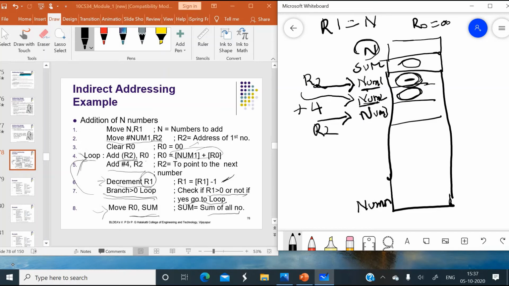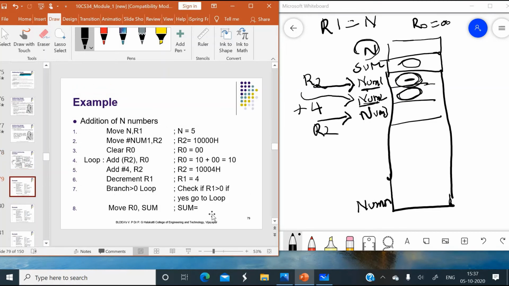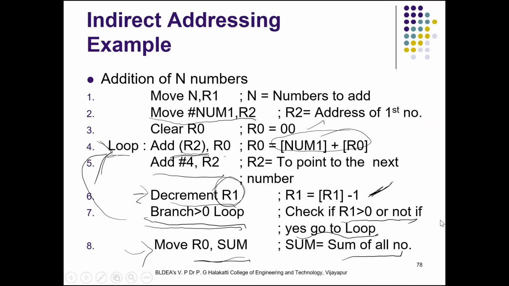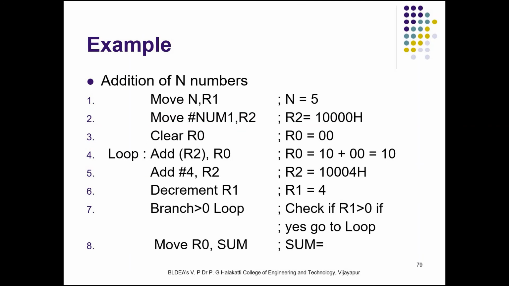Right. Now, if you want to understand it much better, we will see one more example. Now let's assume that this is our memory location and the numbers stored here are 10, 20, 30, 40 and 50. 5 numbers are stored.